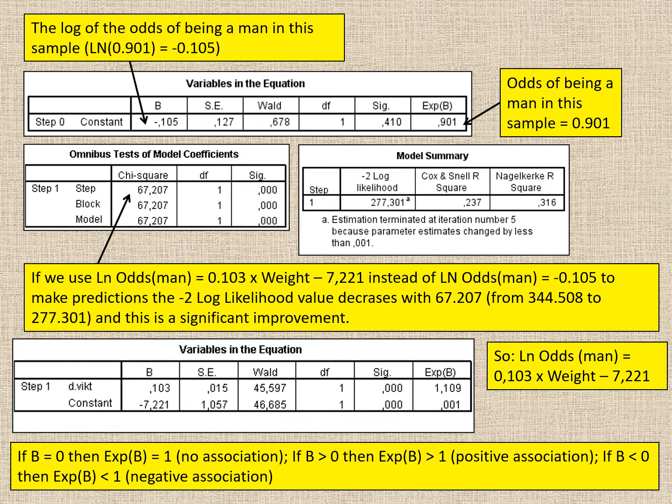Okay. What do we lose in our model compared with the null model? Do we lose something? Well, in our model, we calculate one extra parameter. In the null model, we only had an intercept. Now we have an intercept and a regression coefficient for the effect of weight.